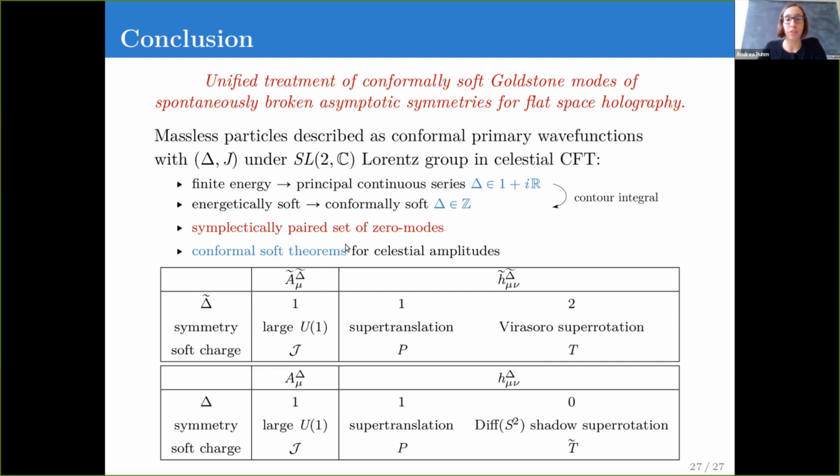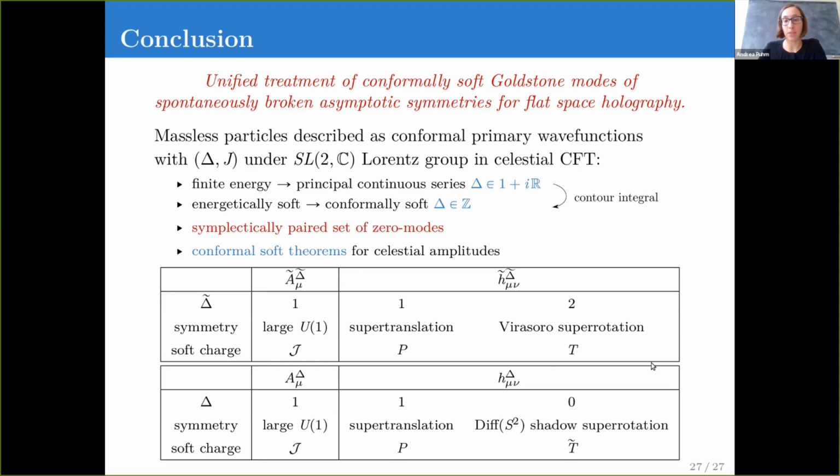I have also given you an example for a celestial analog of quantum field theory soft theorems, namely the conformal soft graviton theorem. But there exist by now many other instances of conformal soft theorems, for Yang-Mills, for example, where similar factorization properties were recovered in this two-dimensional conformal basis.